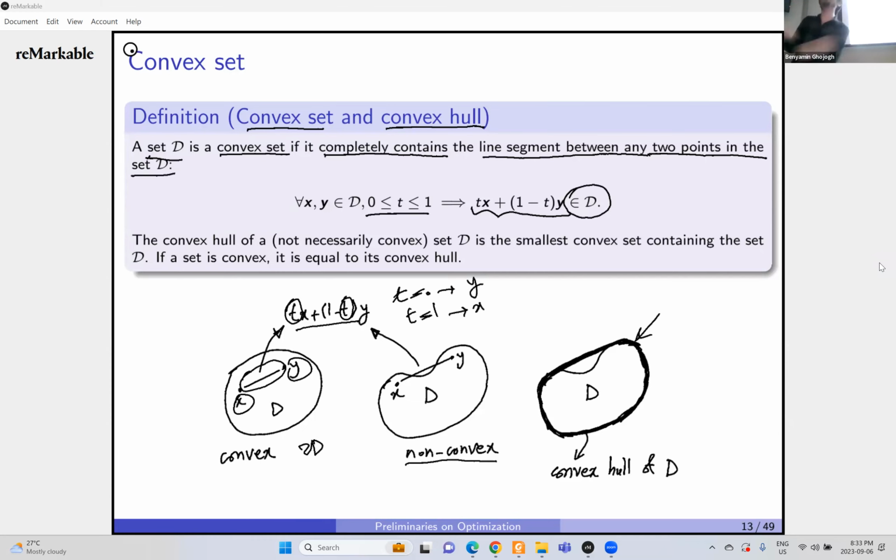Put it around the set. This is exactly the elastic band, right? This is the convex hull of D. This is the smallest convex set containing the set. This is the definition of convex hull: the smallest convex set which contains the set.